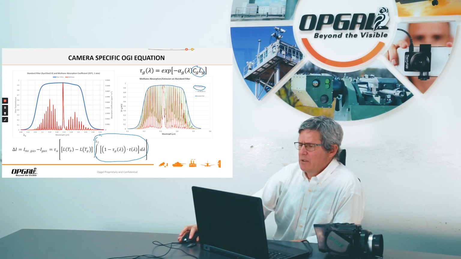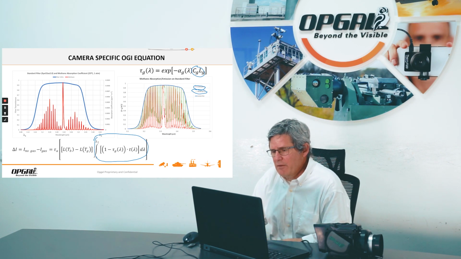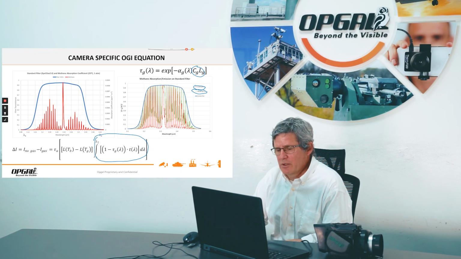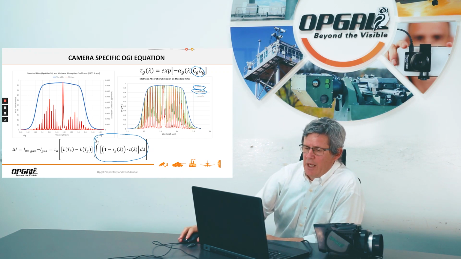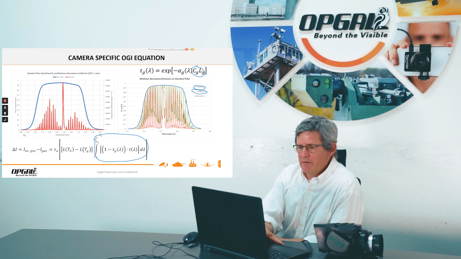But if we increase it to 100,000 ppm meters, we get the green one. So we can see that this response factor is a function of concentration, and we can use this later for quantification and to calculate sensitivity.